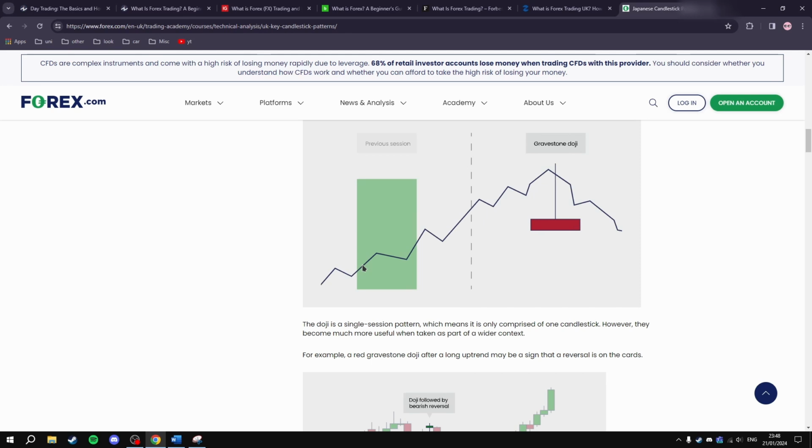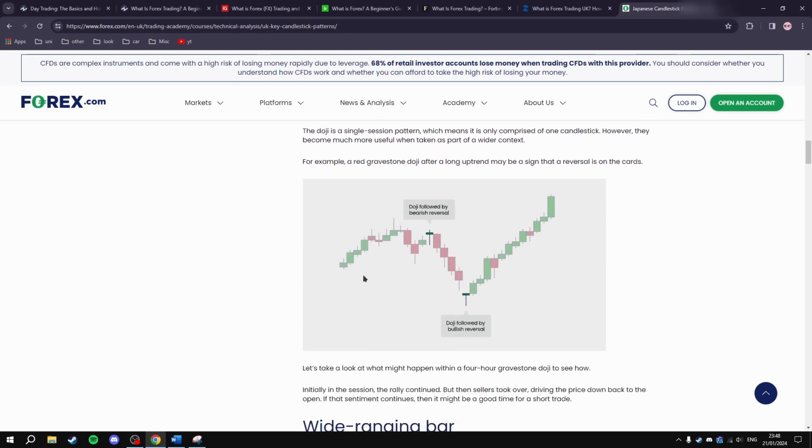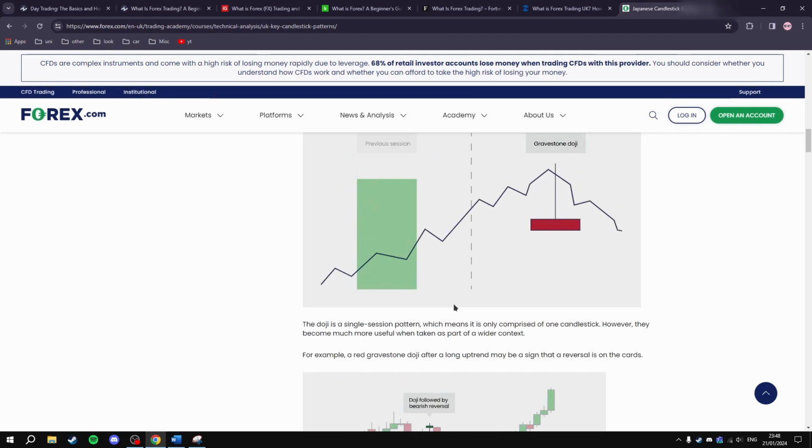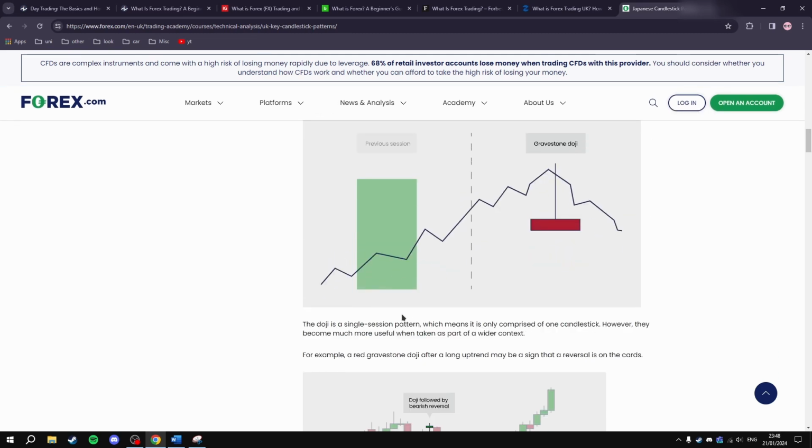However, they become much more useful when taken as part of wider context. For example, a red gravestone doji after a long uptrend may be a sign that reversal is on the cards.